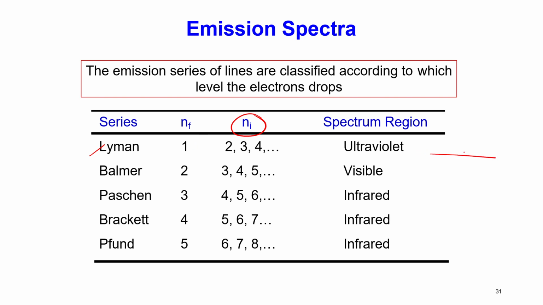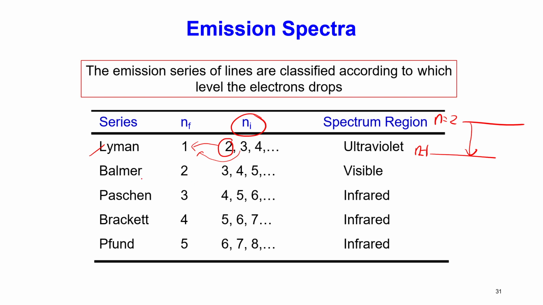When the electron drops to n equals 1, the initial orbit is 2. So 2 to 1. That is why the initial orbit starts from 2. So 2 drops to 1, then 3 drops to 1. Meaning the initial orbit must be larger by 1 compared to where it drops.